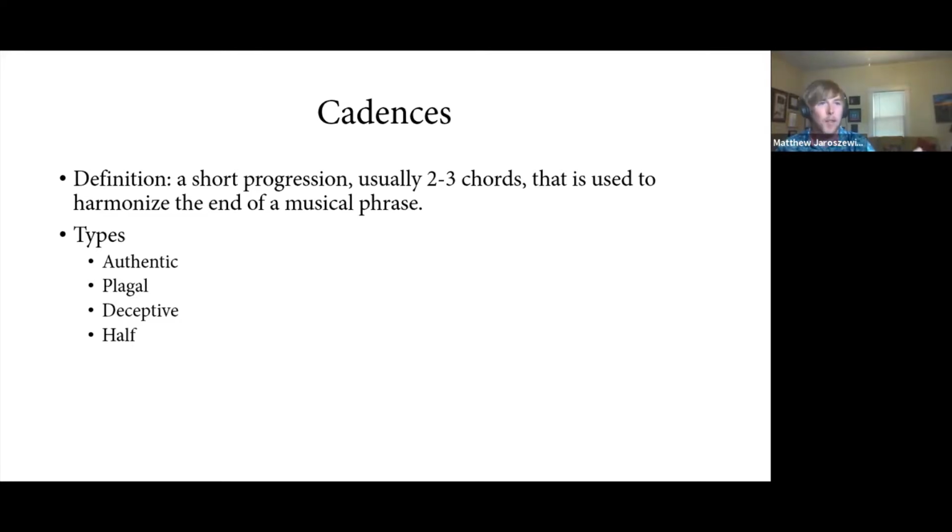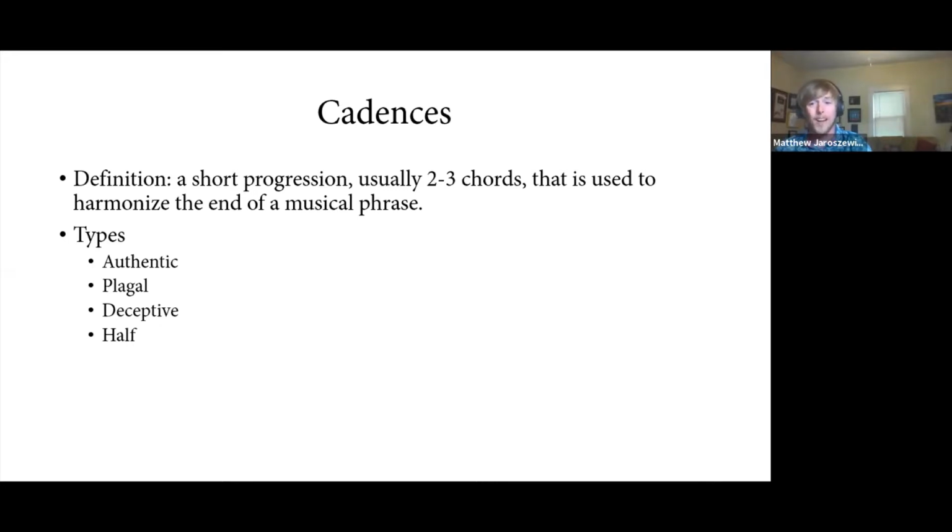The way you can think about this is if we're singing a hymn, and we get to the end of a line and we take a breath, typically the point where there's a period in the words, before we start the next phrase, there is some kind of cadence at that point.